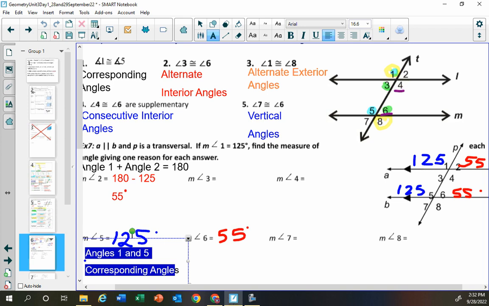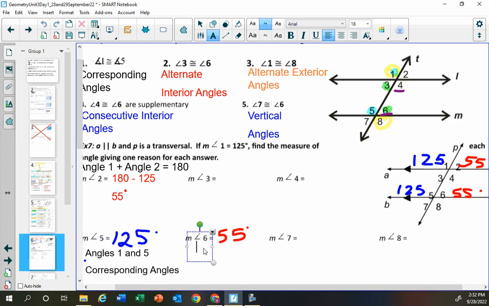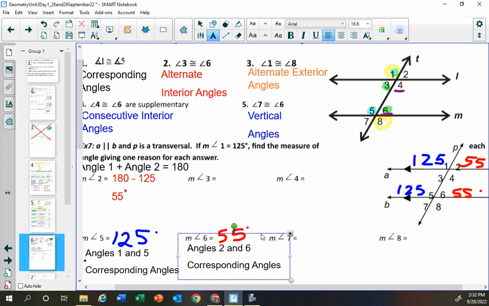What angle would they be then? The corresponding angles. So it's similar to 1 and 5. 2 and 6 correspond.